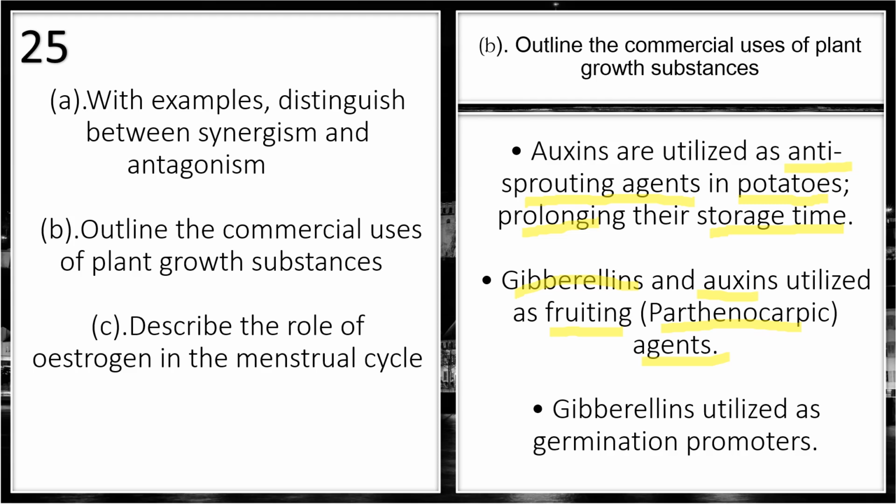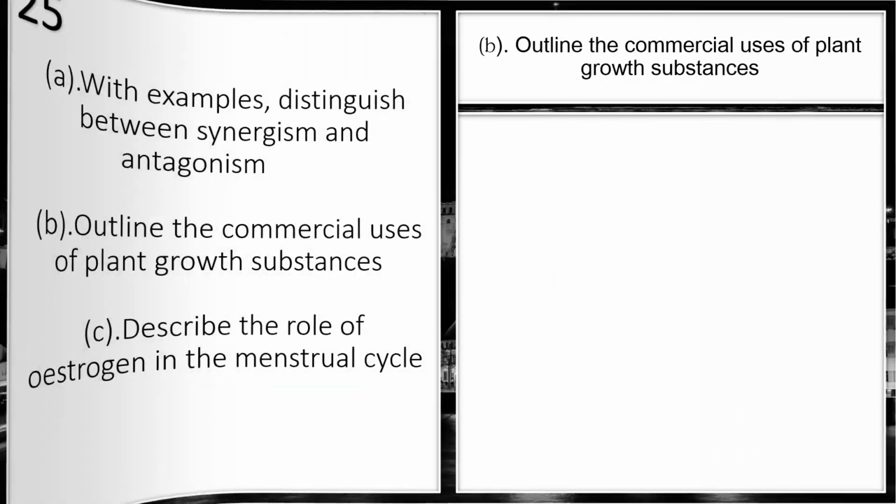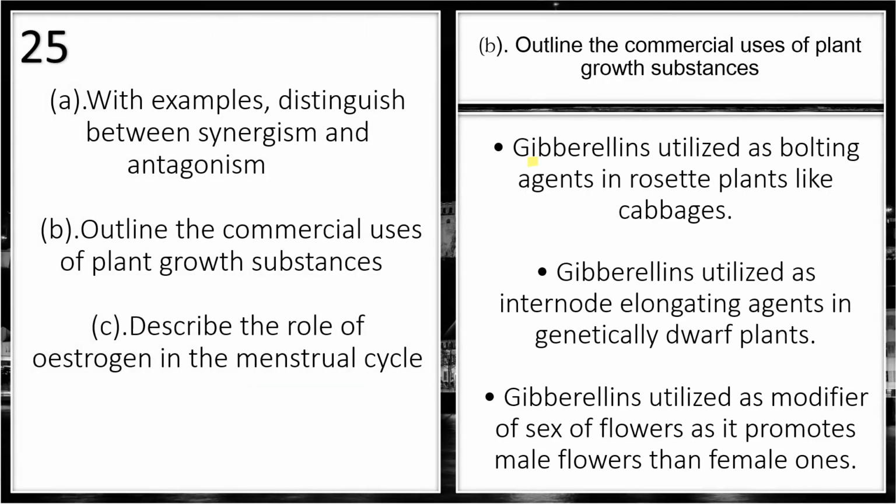Gibberellin is utilized as a germination promoter. Gibberellin is utilized as a bolting agent in rosette plants like cabbages.